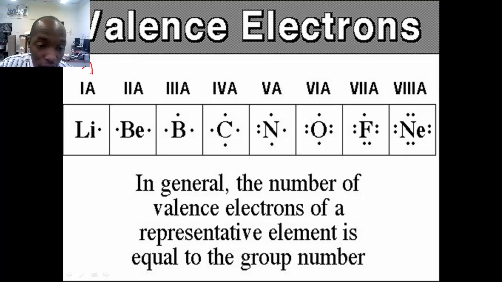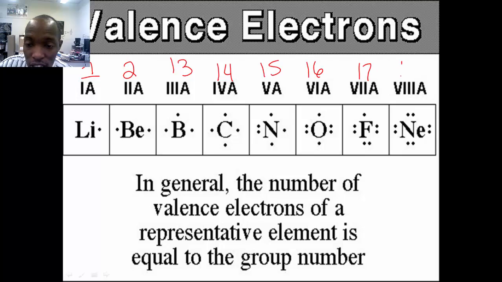So again, as a review, these are our groups: group 1, 2, 13, 14, 15, 16, 17, 18. All the elements in group 1 have one valence electron. Notice here, one valence electron. All the elements in group 2 have two valence electrons. All the elements in group 13 have 3; look at the second digit.